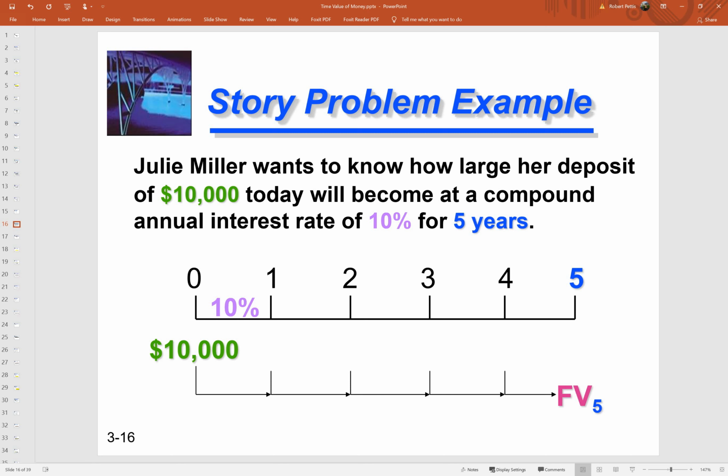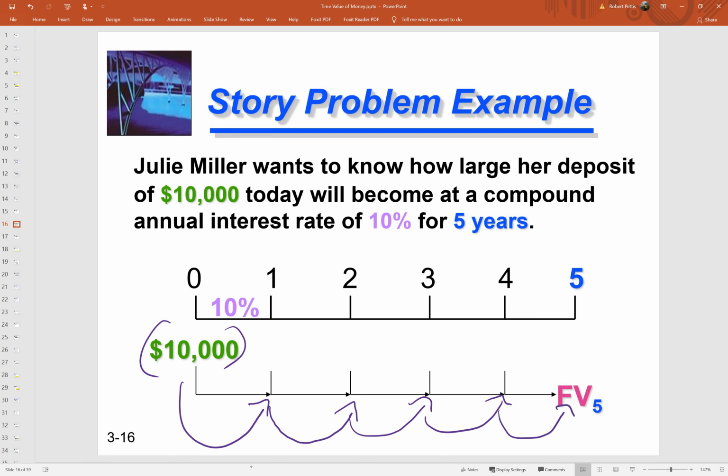Well, it's going to be the same thing here. We're going to start out with this $10,000, and if she went one period into the future, she would have 10,000 times 1.1. But then that amount would be multiplied by 1.1 for the second year. So it'd be 10,000 times 1.1 squared. And that would happen again and again.